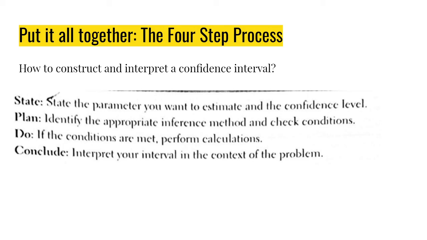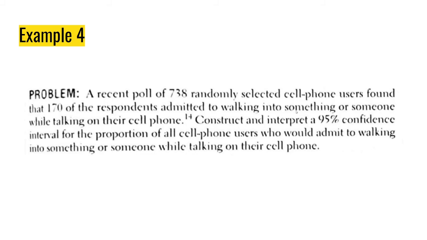Okay, so basically, we just need to lay out the first step and then fill in what each step is asking for. All right, let's look at an example. A recent poll of 738 randomly selected cell phone users found that 170 of the respondents admitted to walking into something or someone while talking on their cell phone.